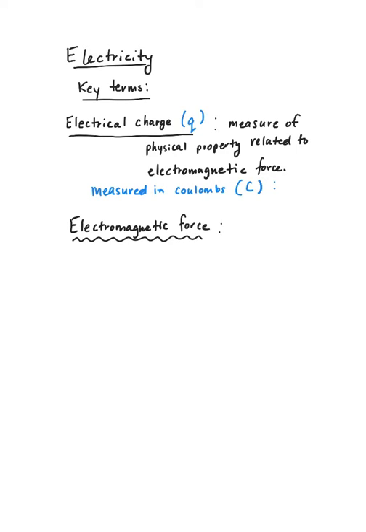Now we're going to discuss that second force. The electromagnetic force has a value that's given by an equation very similar to the one that we saw for gravity earlier in the semester.